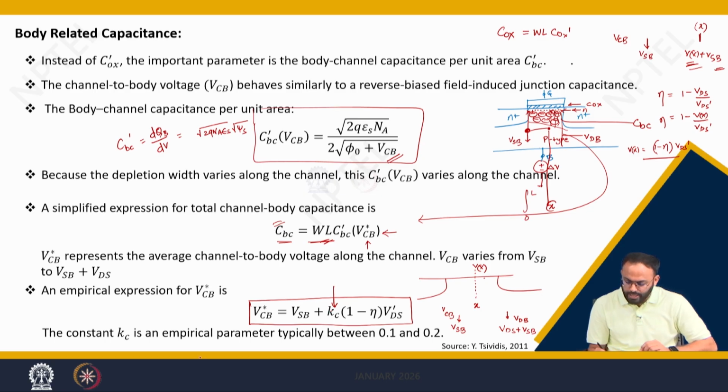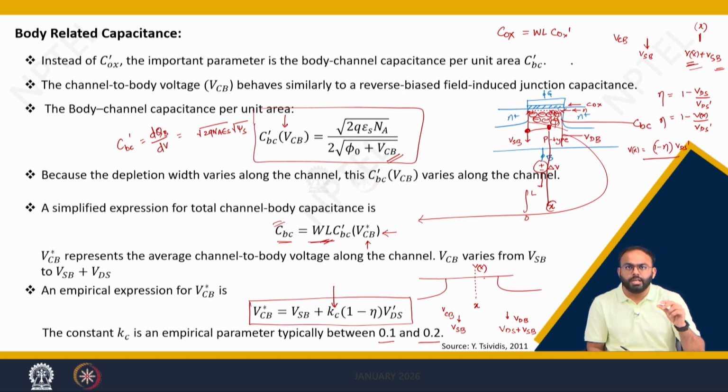This is an empirical parameter, which lies between 0.1 to 0.2. So to conclude, CBC is the body capacitance which varies along the channel. However, to simplify the model, we find a particular value of VCB in terms of Vx, and at that point we calculate CBC dash and simply multiply by the area.